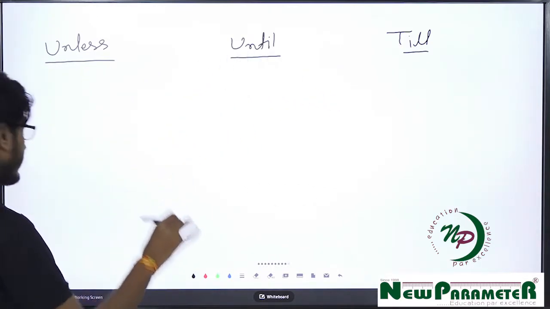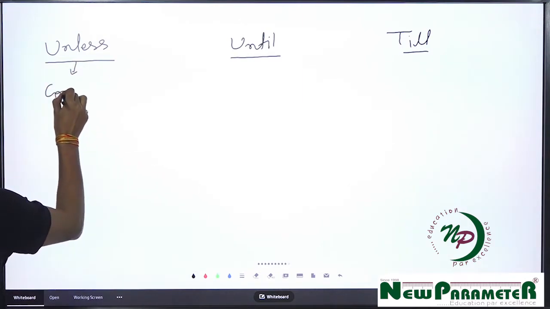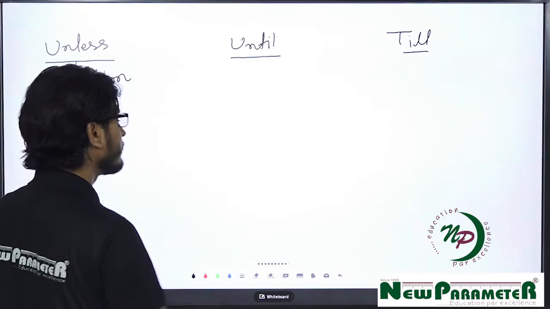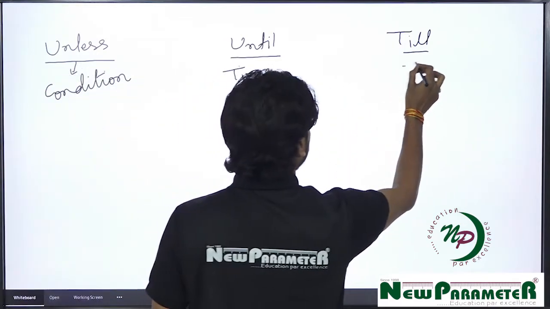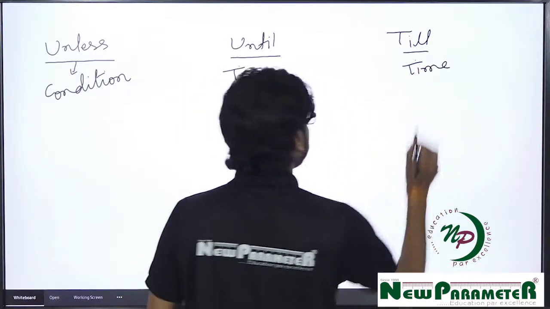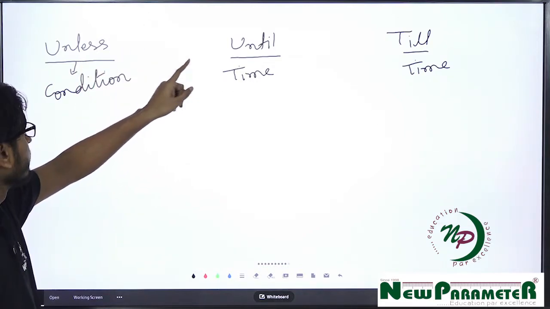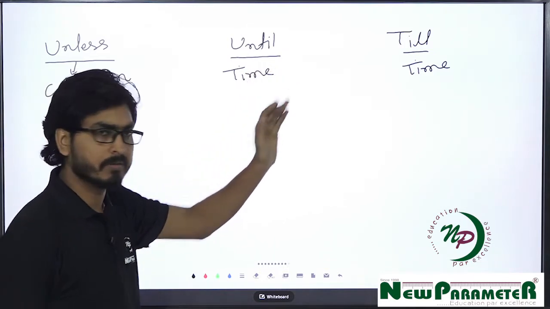See, whenever we use "unless", "unless" shows you what? It shows you condition. "Until" shows you what? Time. "Till" also shows you what? Time. So there is one difference between "unless" and "until". That is, it is used for condition and it is used for time.